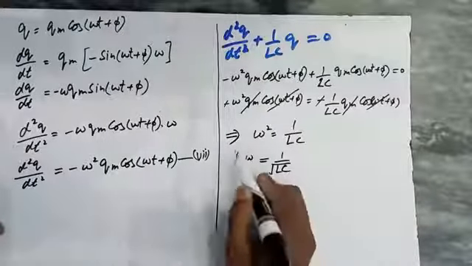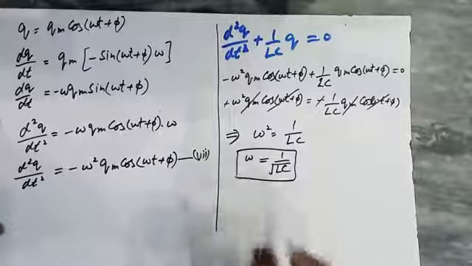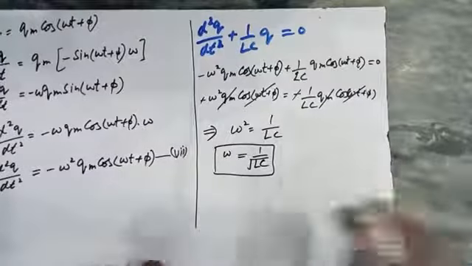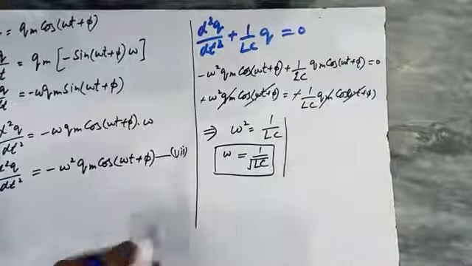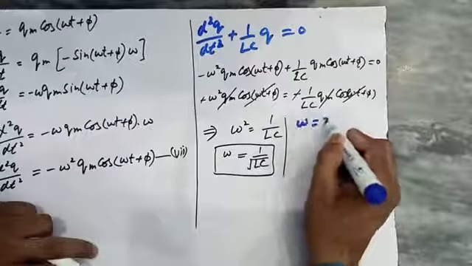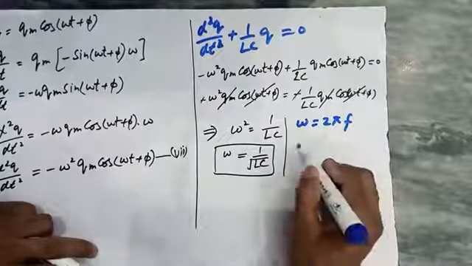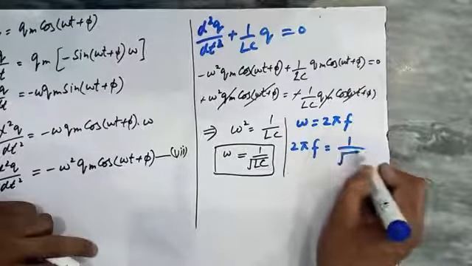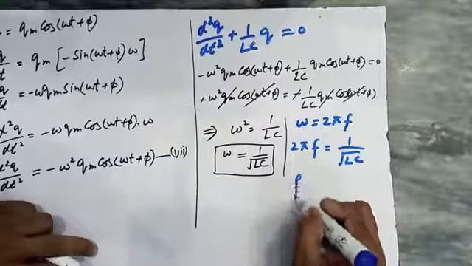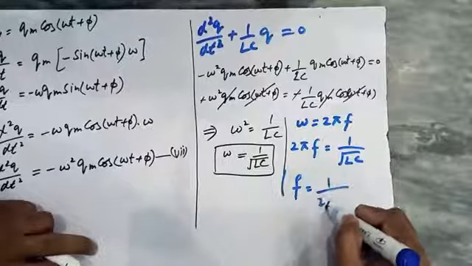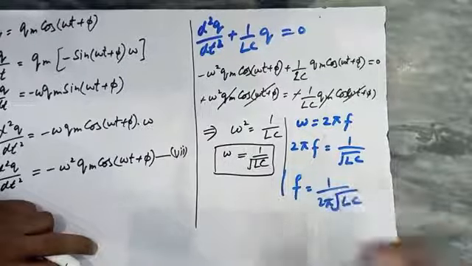So this is the angular frequency of electromagnetic oscillations. To calculate frequency, we know that omega is equal to 2 pi f. So 2 pi f is equal to 1 over square root of LC, and we can calculate the frequency of oscillation as f is equal to 1 over 2 pi square root of LC.